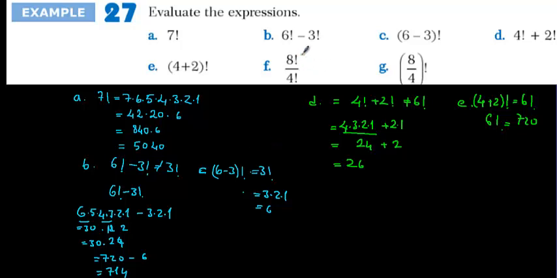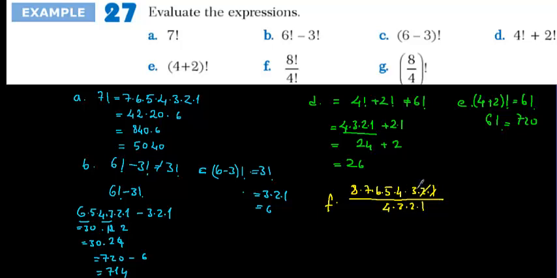I'm going to solve the F1 also, because we have a simplifying operation here, and I need to explain that part. 8 factorial can be written as 8 times 7 times 6 times 5 times 4 times 3 times 2 times 1 over 4 times 3 times 2 times 1.